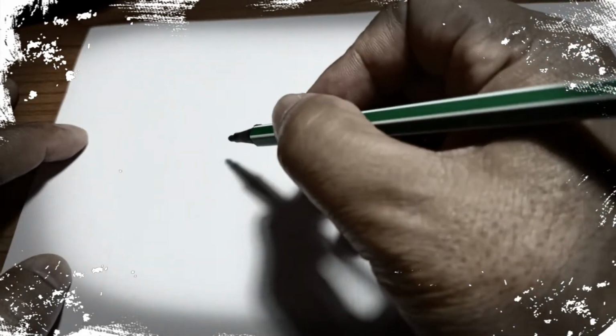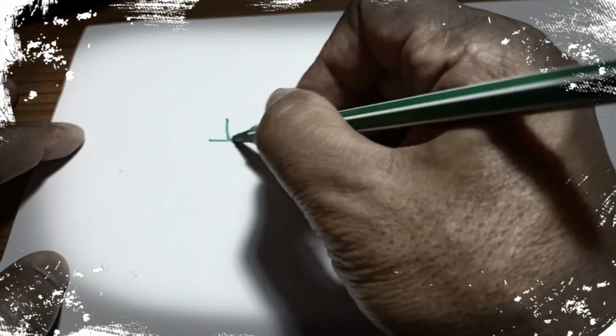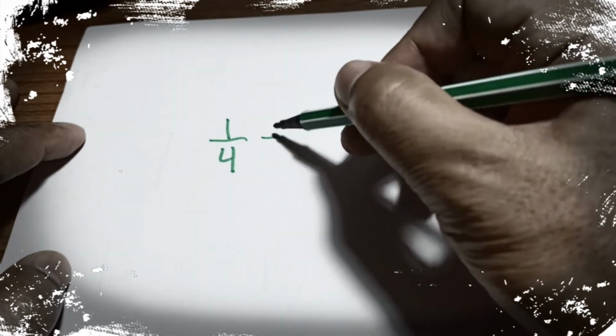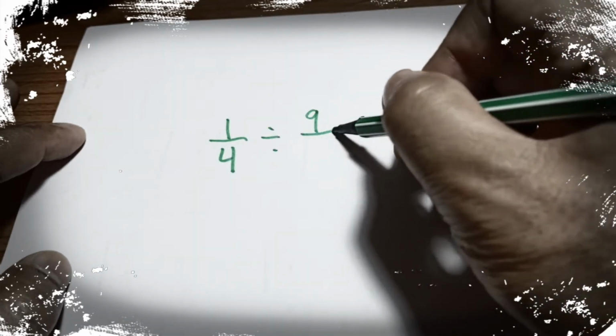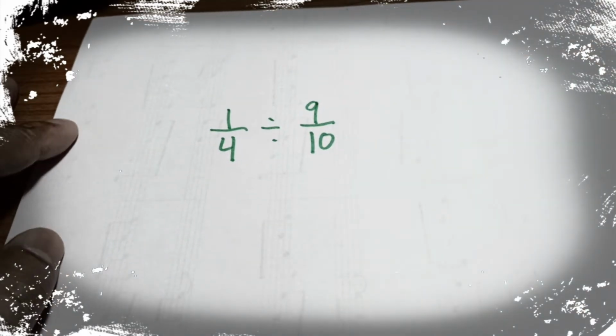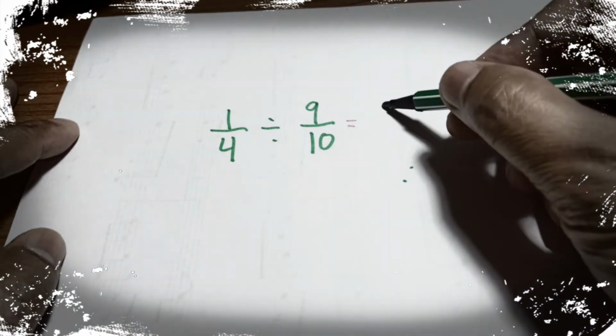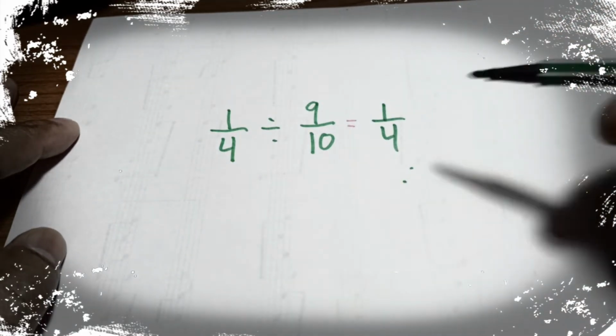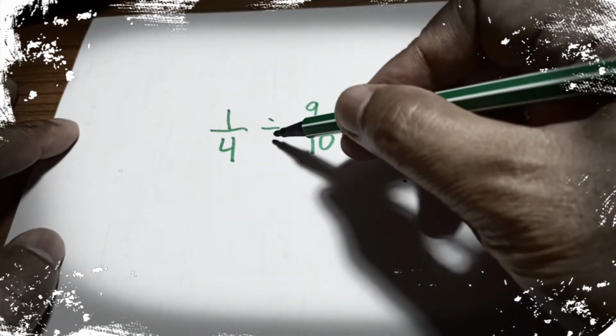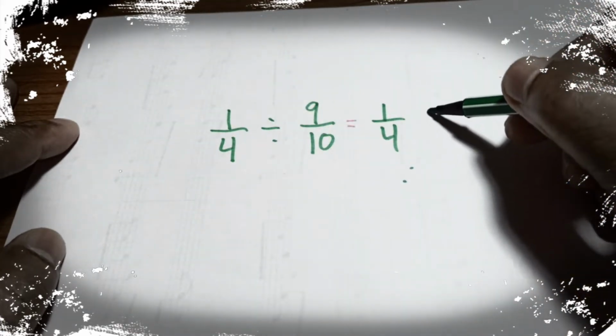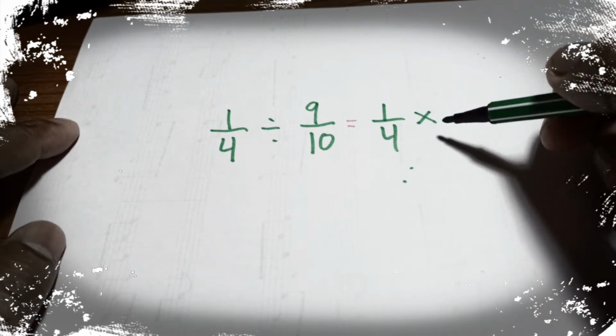Alright, so are you ready to learn? Let's go! Since our topic is dividing fractions, for example, if you have 1/4 divided by 9/10, in dividing fractions you just copy the first fraction, so 1/4, and instead of divide, you change it into multiply.